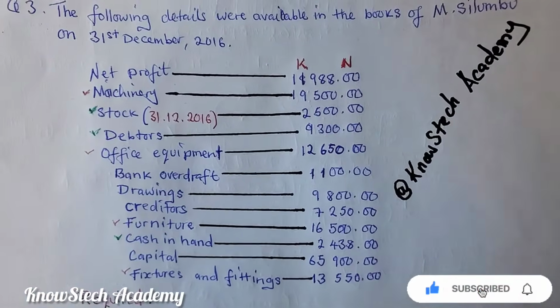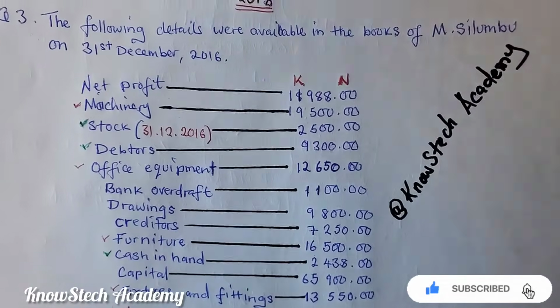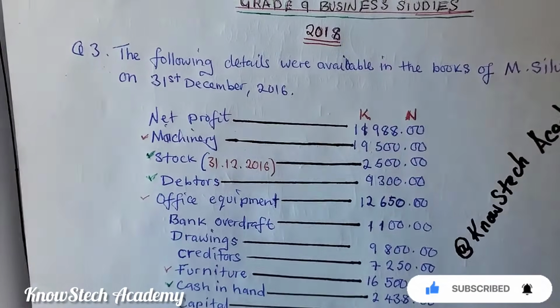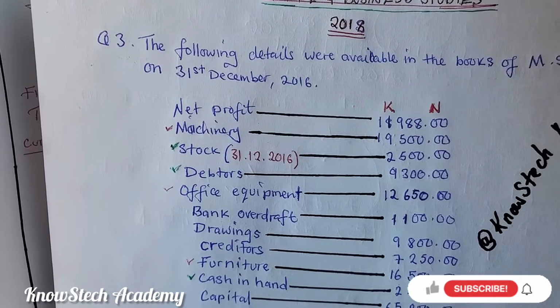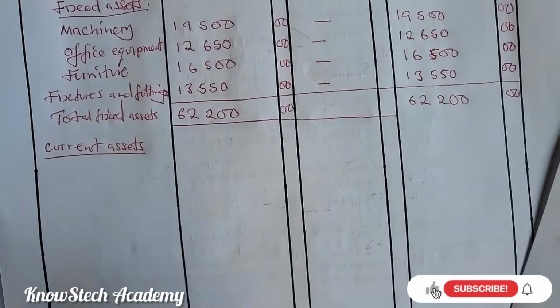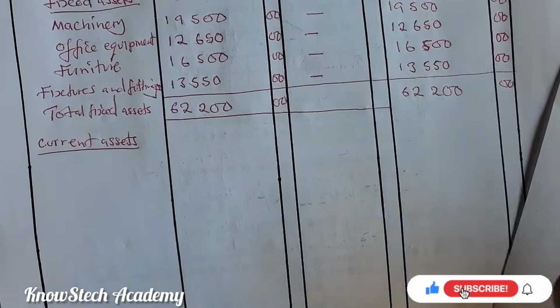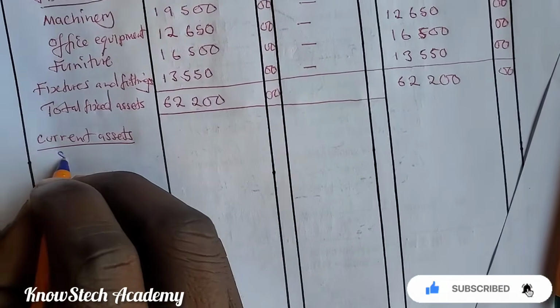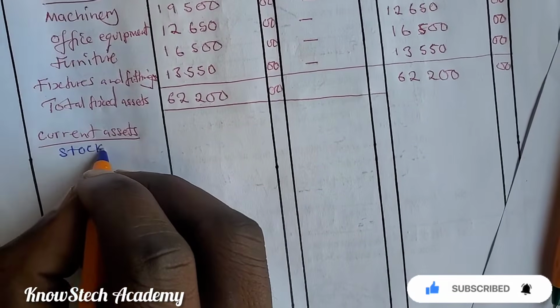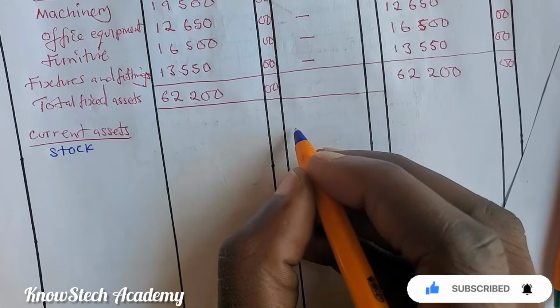So we're going to write the first one. We're going to start with the stock. Okay, this is the closing stock, of course, and it's 2,500. So here we're going to write stock, and the amount.